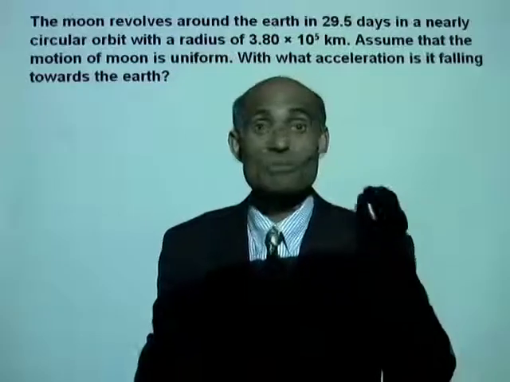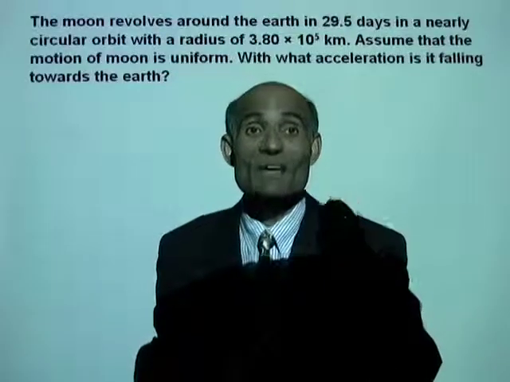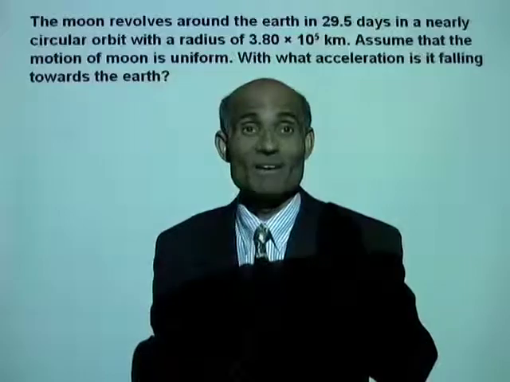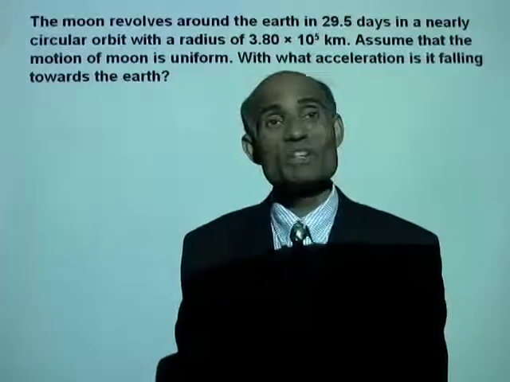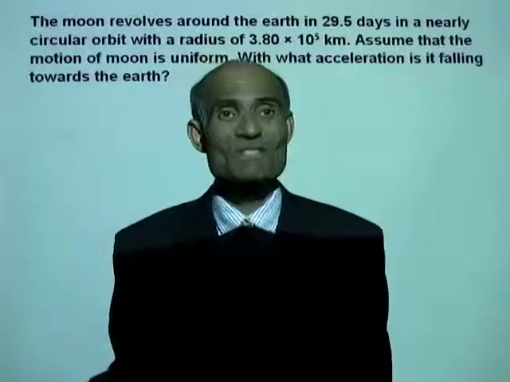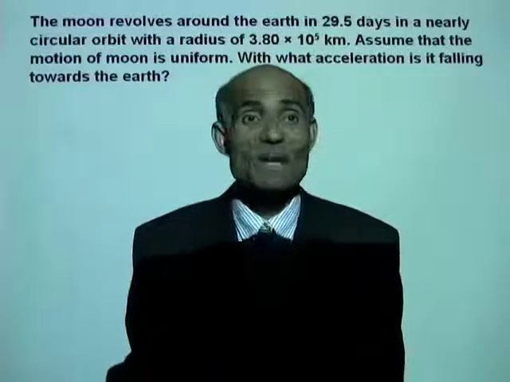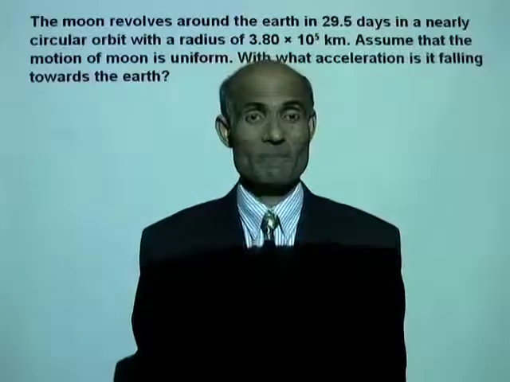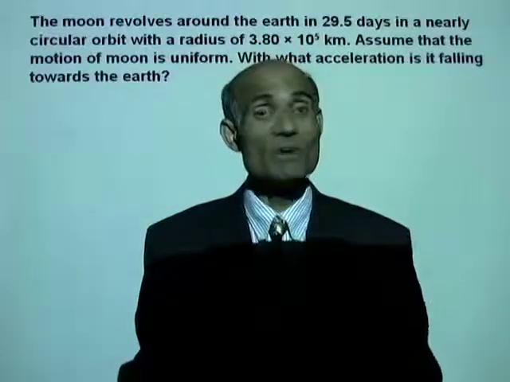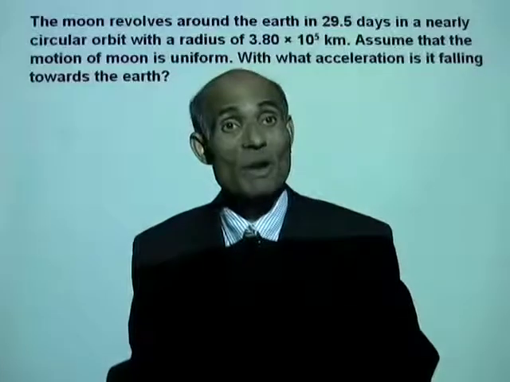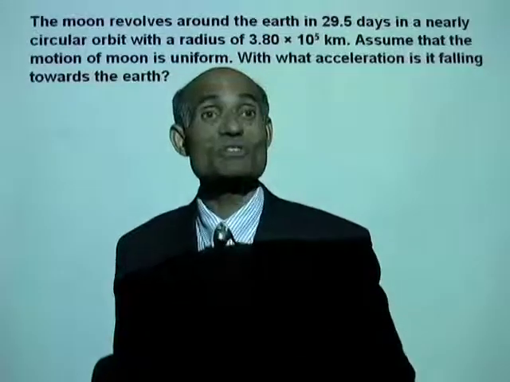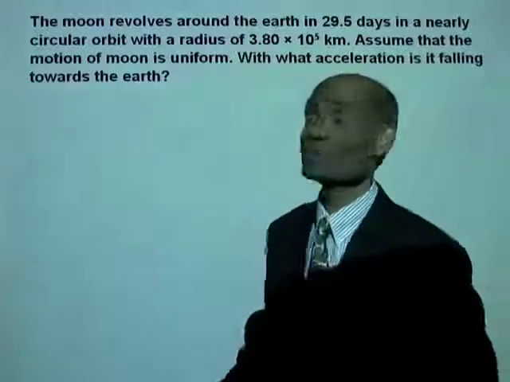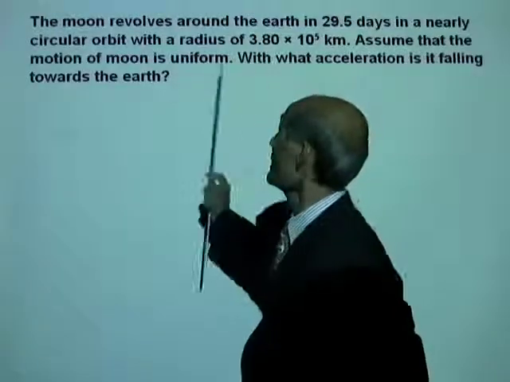Yes, if you know the period, we can find the angular velocity. Now what is the equation for the centripetal acceleration in terms of the angular velocity? a equals r omega squared. So, we will first obtain the angular velocity using the period.